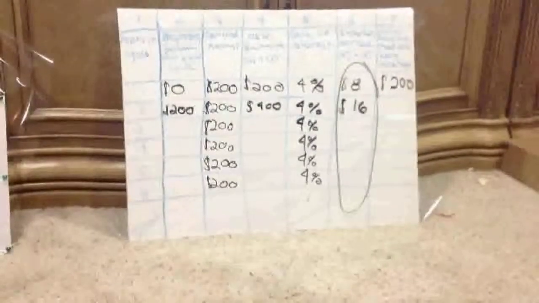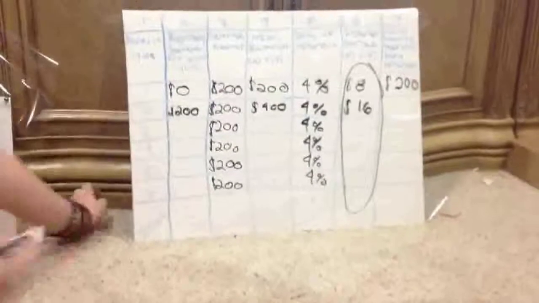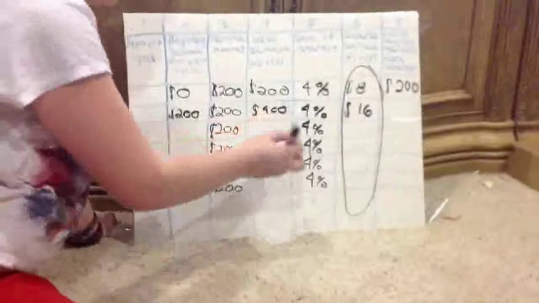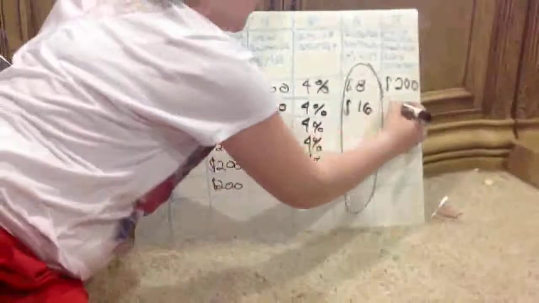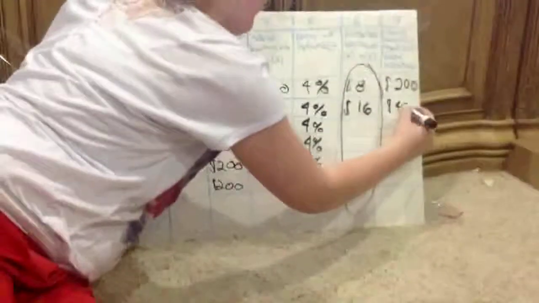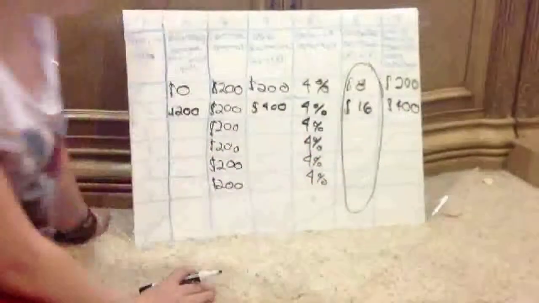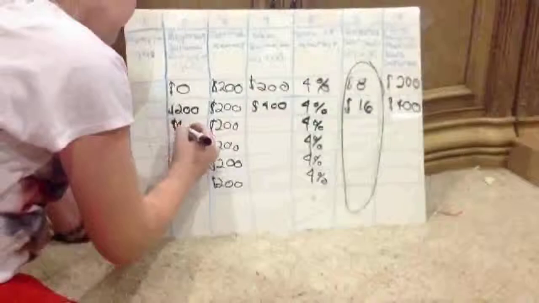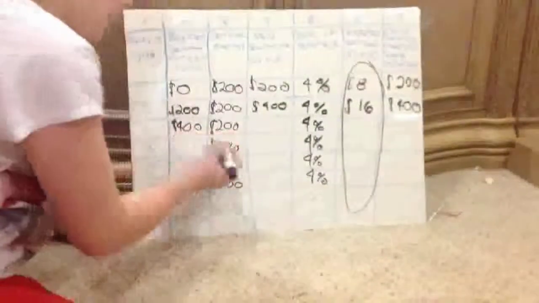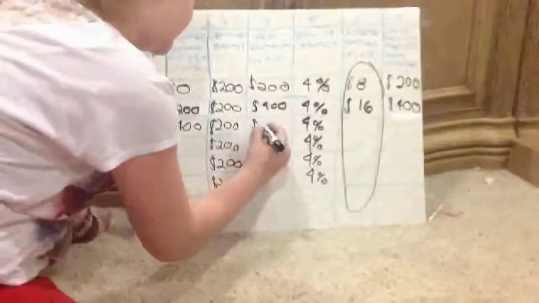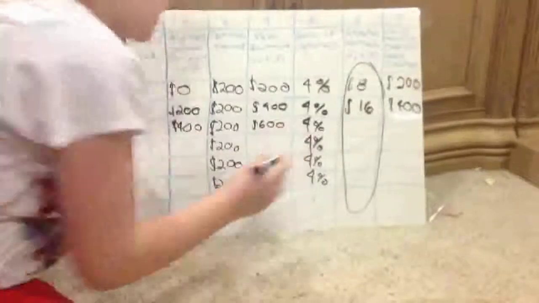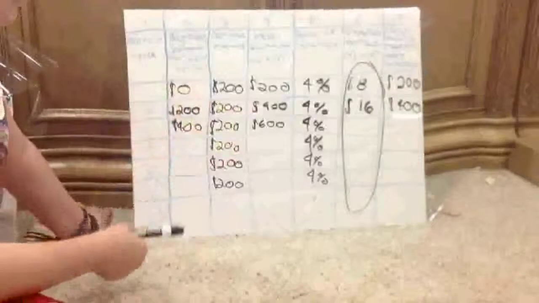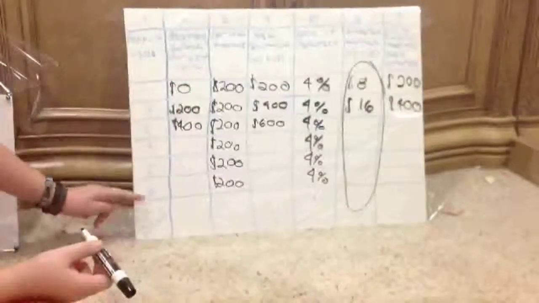It is not added to the balance. So our balance would be 400. So you would take the 400 and put it over here. So then you take the 400 and put it down here. And you add those two together, you'll get 600. And you times it by 4%. And you keep doing that until you get all the way down to 6.